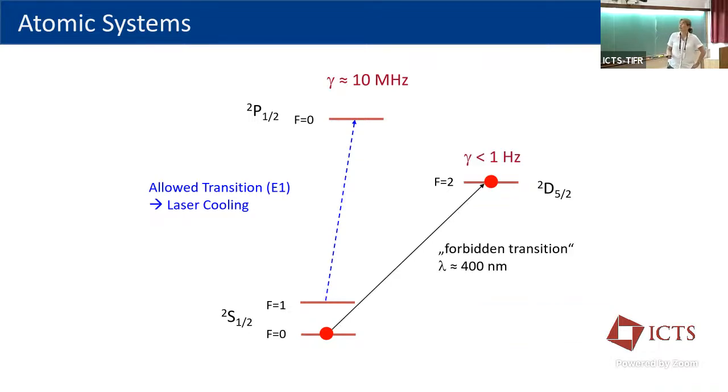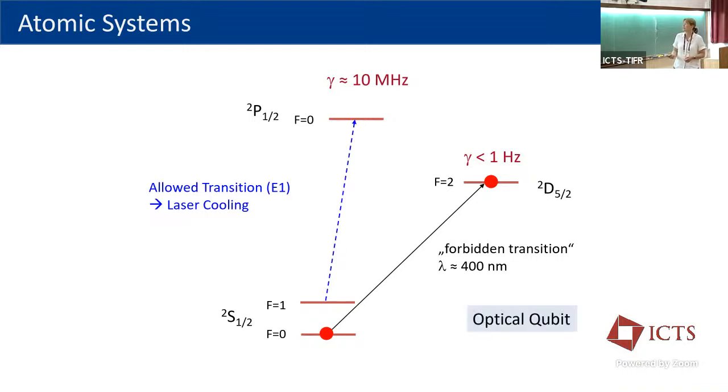But the same you can do now in the optical domain. This is what we're doing with optical clocks, that we're going away from a microwave transition and exciting the atom to a high-lying electronic state. Ideally, it should be a very highly forbidden transition so that we have a long lifetime and get a very good energy resolution. So for instance, the S to D transition is very forbidden. It's a quadrupole transition.